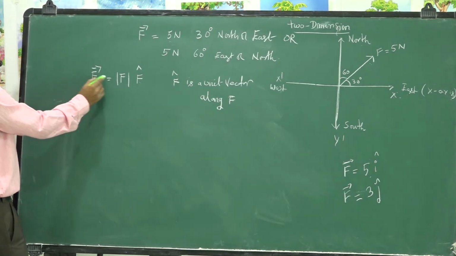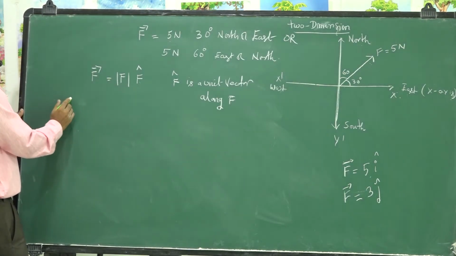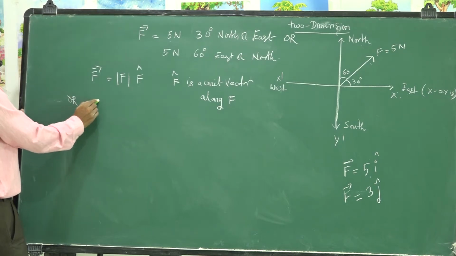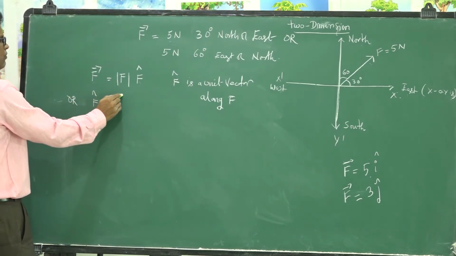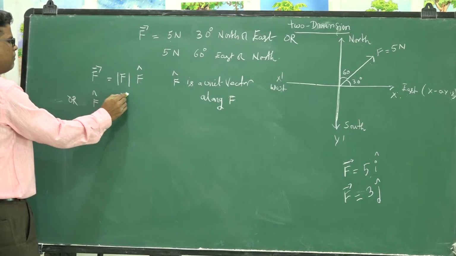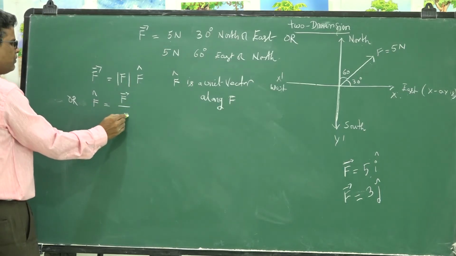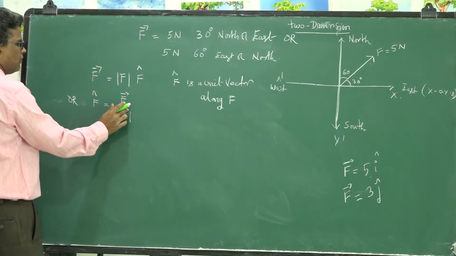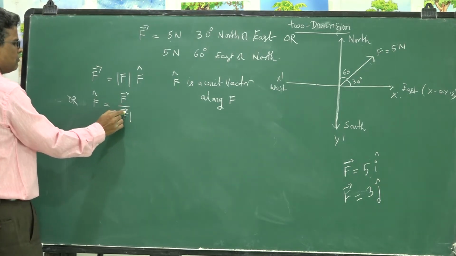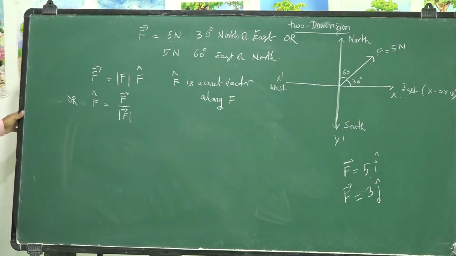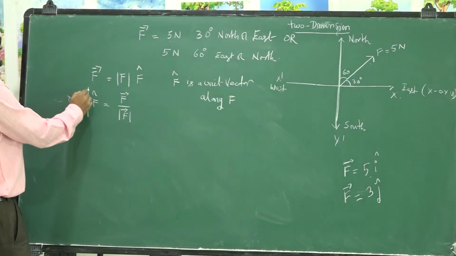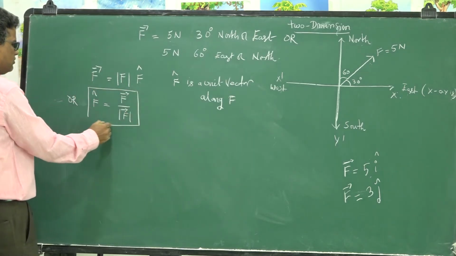So this is F bar. We can write F cap is equal to the vector divided by its magnitude. This is the formula to calculate a unit vector.